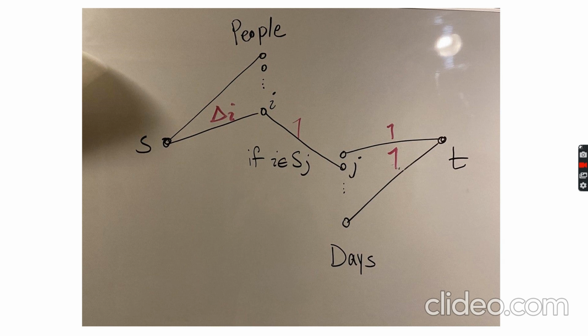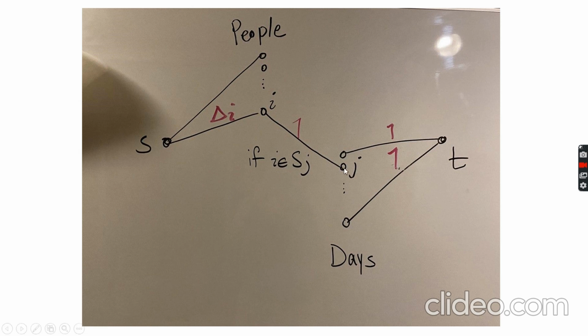Now let's take a look at the other side. Let's assume that we have an integral flow of k in this graph. So the way that we will build the scheduling is we will see which of the edges that go from these days to t have flow 1 and which of them have flow 0. Those days would be the days that the drivers would be assigned to.